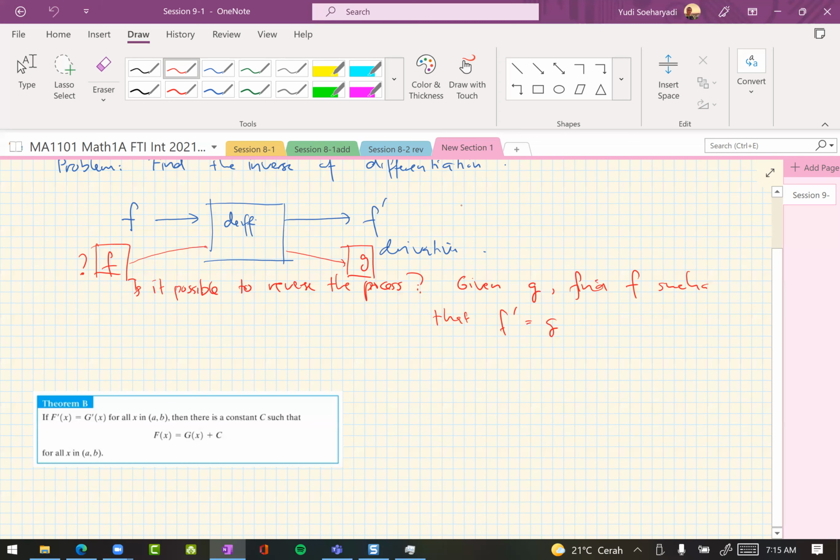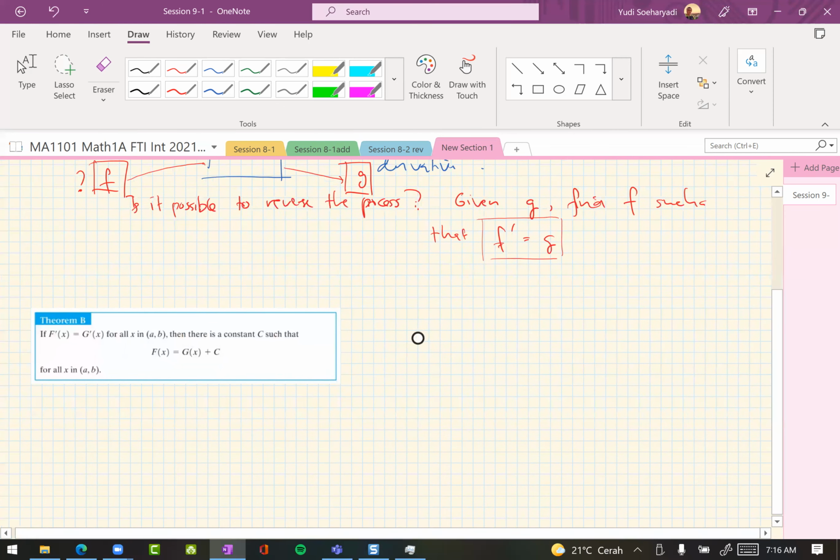Okay. Now the problem now is, given a function on the right-hand side, somehow you would like to find the function on the left-hand side. So you end up with these relations. Okay, so reversing the process.